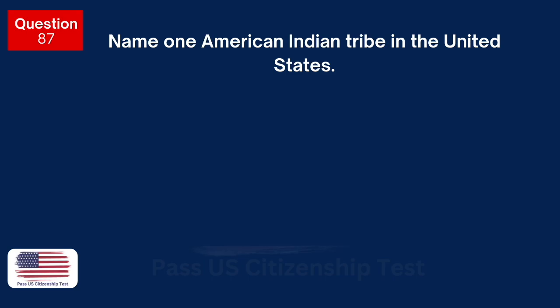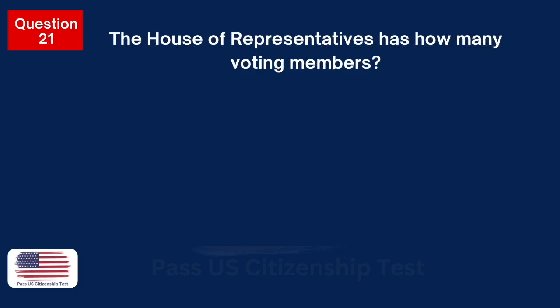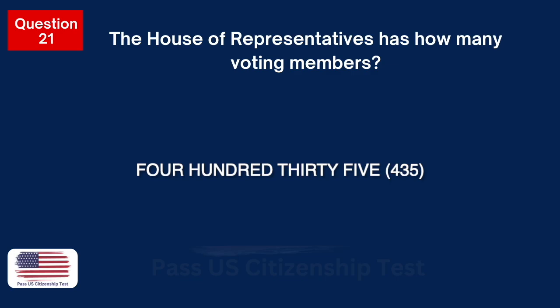Name one American Indian tribe in the United States. Cherokee. The House of Representatives has how many voting members? 435.